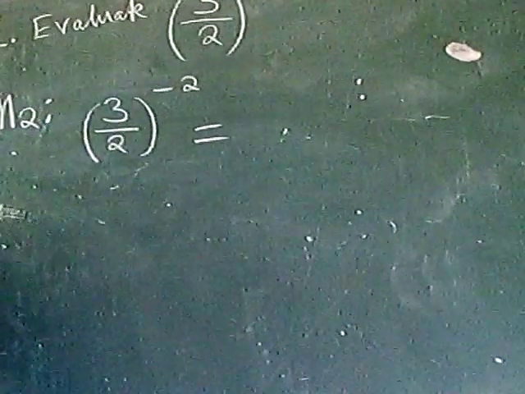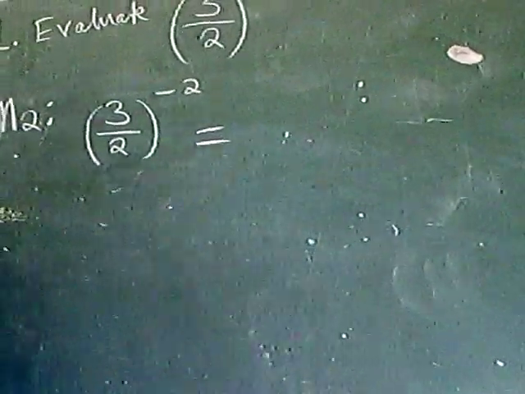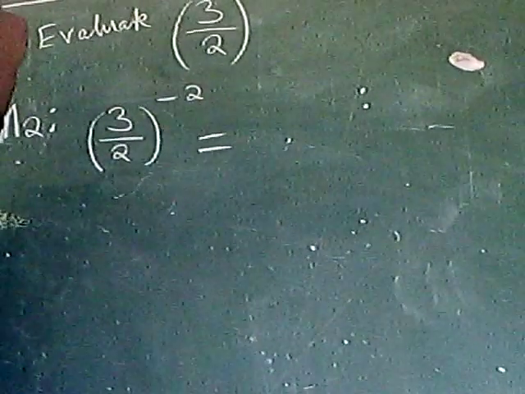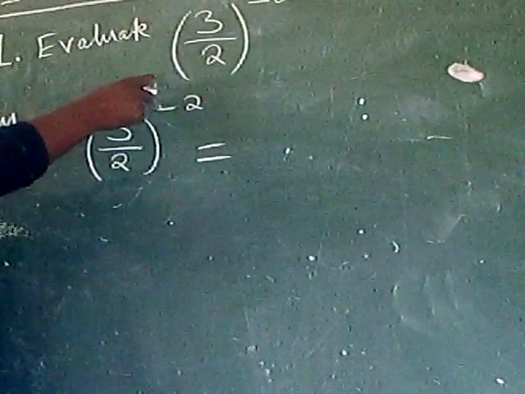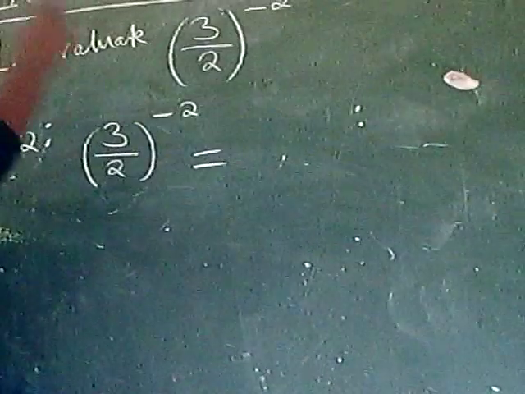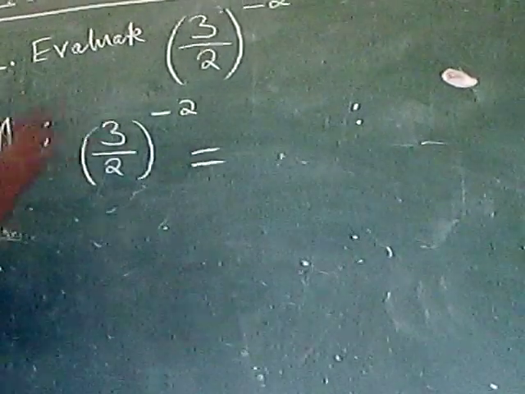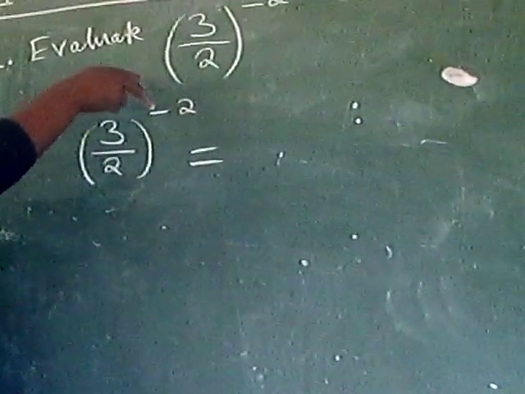So what you do here is this. This negative power disappears, but this number remains as it is. This power remains as 2, but this negative disappears.